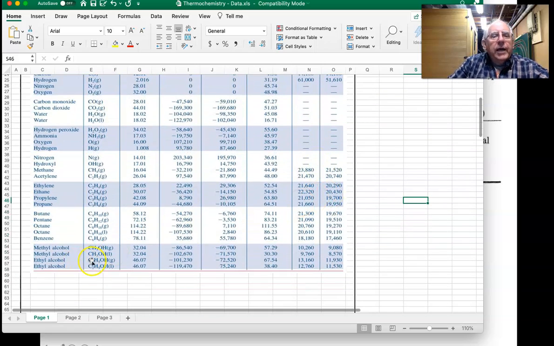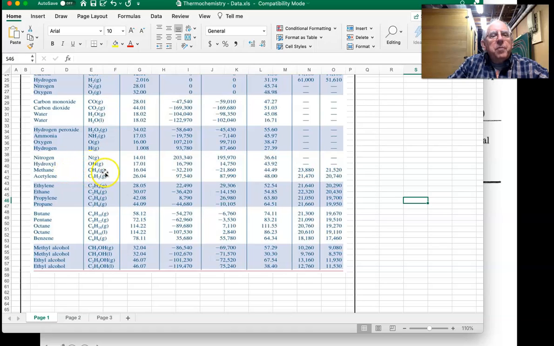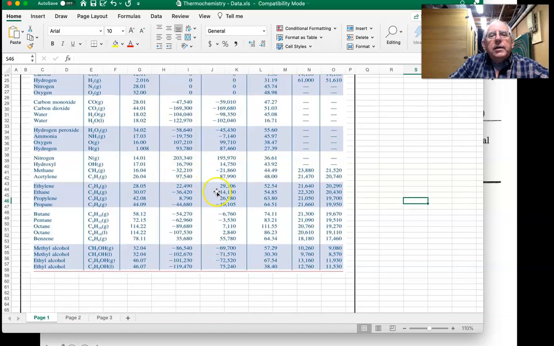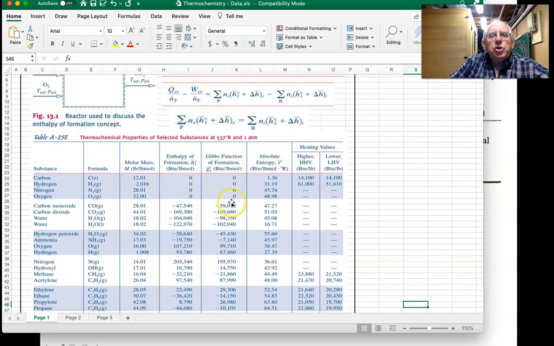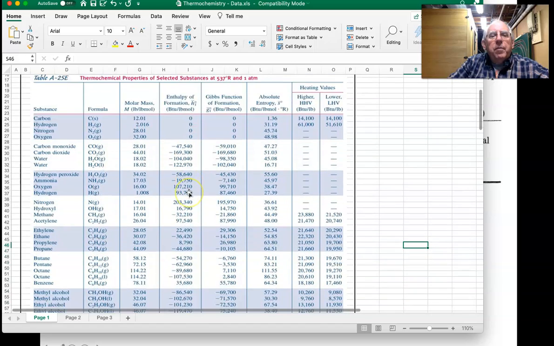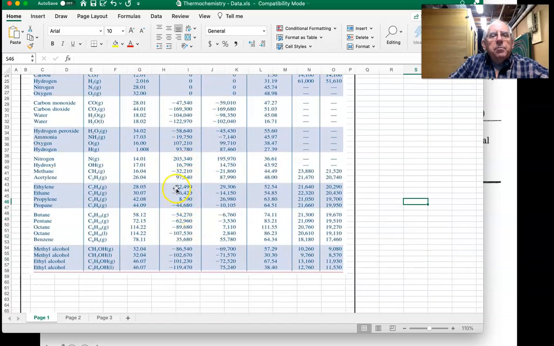And so one has to be careful. In this case, here's methane, and methane is 16.04. That is the pounds per pound mole, the molecular weight. And so these terms for the enthalpy of formation were in BTU per pound mole.